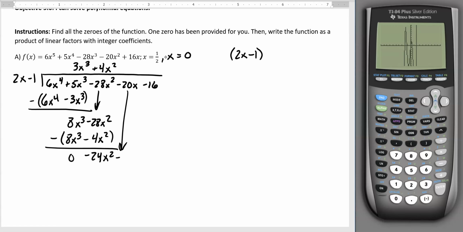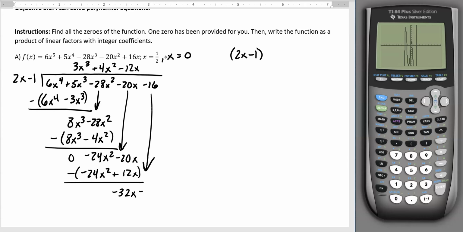Drop my negative 20x. 2x times what gives me negative 24x squared? Negative 12x. So that would be negative 24x squared. Negative 12x times negative 1 would become positive 12x, which I would need to subtract. And that would give me negative 32x, bring down my negative 16. 2x times what gives me negative 32x?